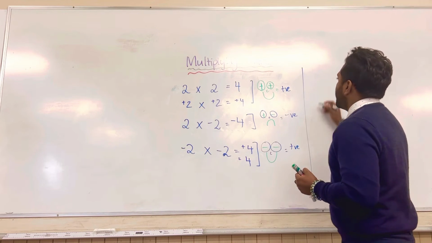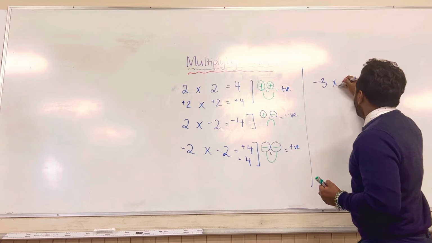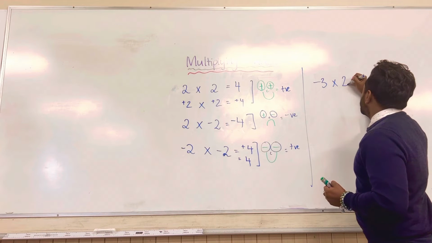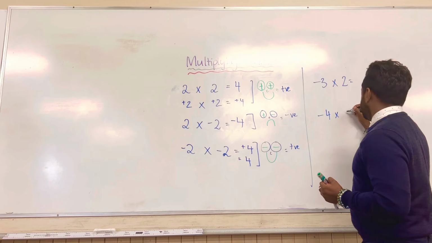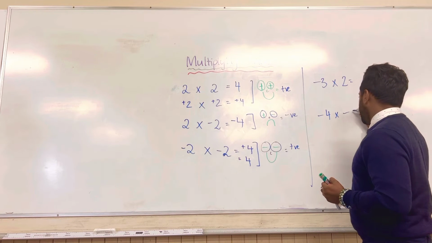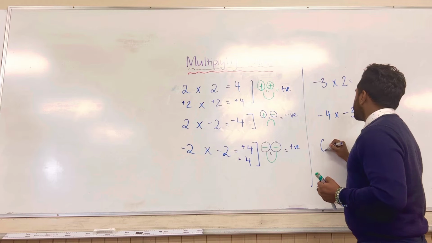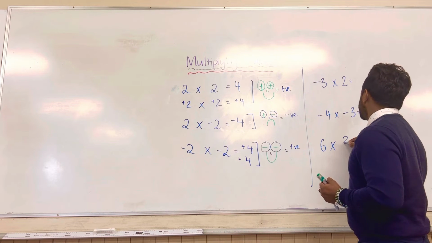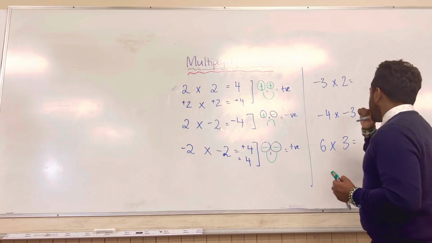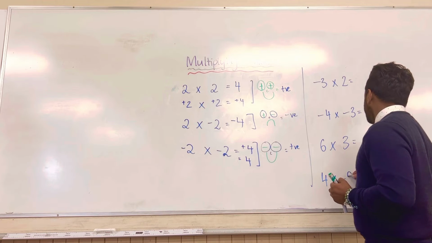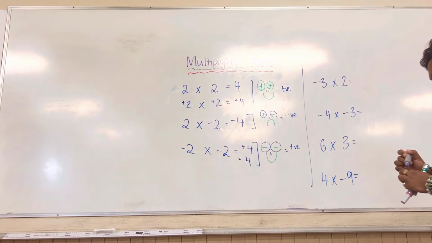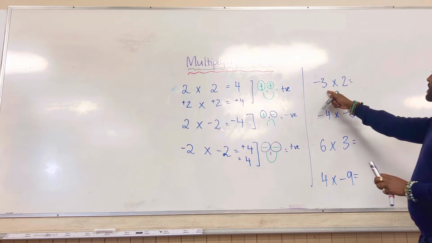Let's try it out here. So if I had negative 3 times 2, and we'll try negative 4 times negative 3, and let's go 6 times 3, and we'll try one more: 4 times negative 9.